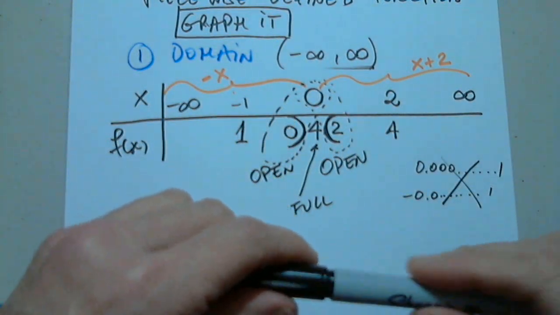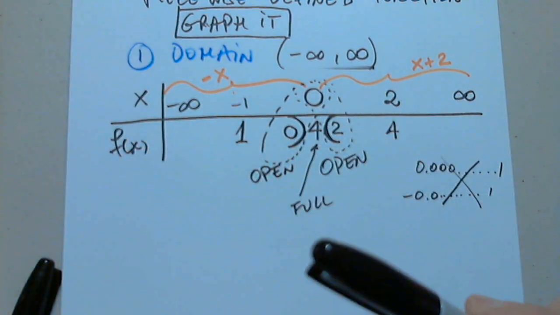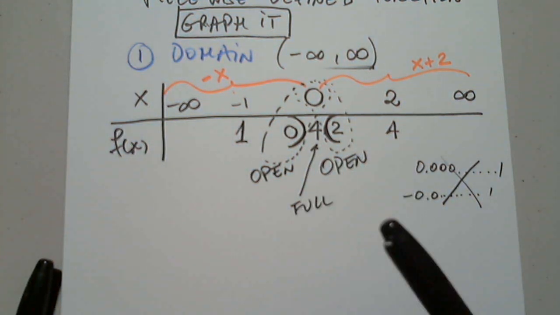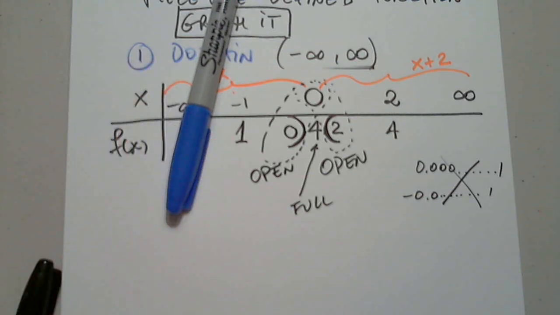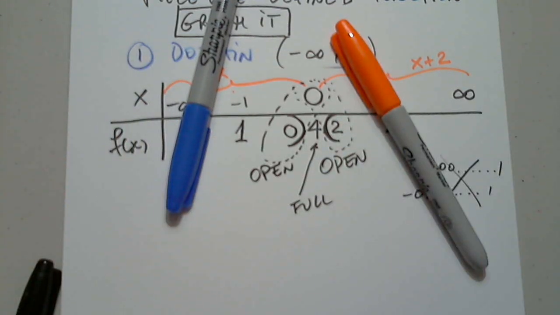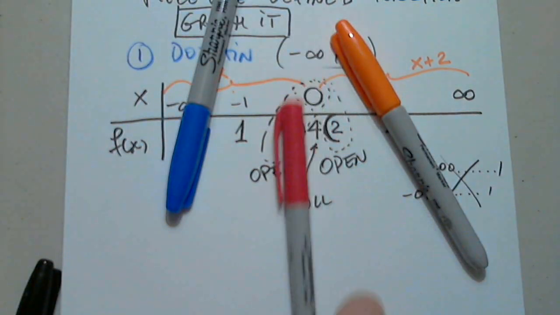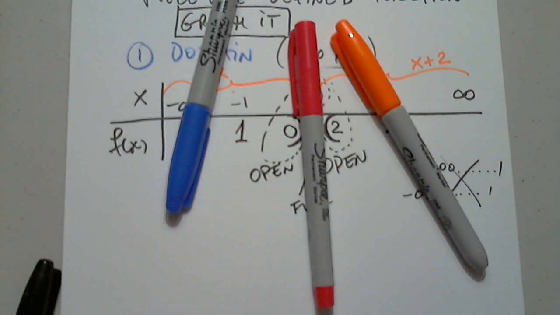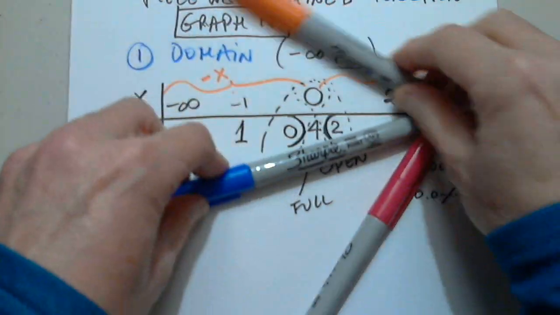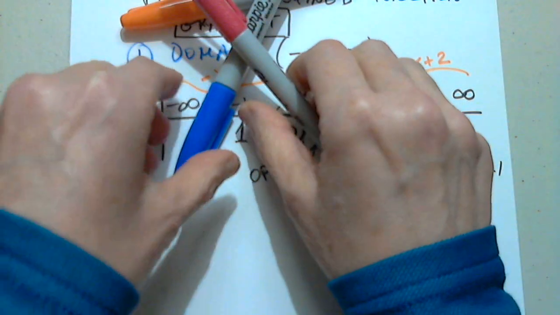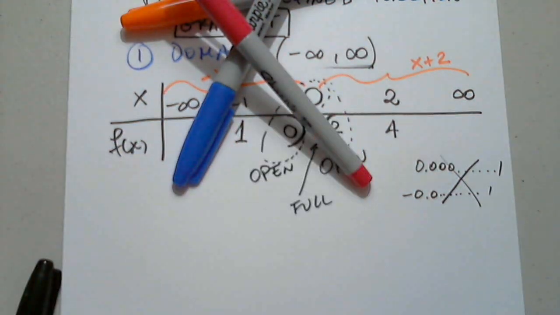I will be using 3 different colors to make a point. You don't have to. I will use blue for the left. I will use whatever this color is for the right. And I will use red for the middle, which is this simple point. The reason why I'm using these 3 colors is because I don't want to see a graph like this. Is this the graph of a function?